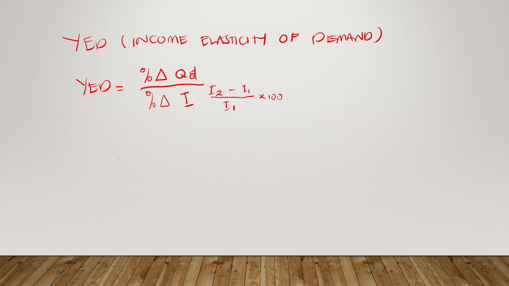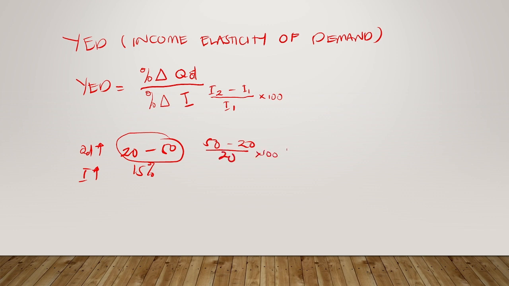For example, QD increased from 20 to 50 pesos, and the income also increased, around 15%. So for QD, you solve 50 minus 20 over 20 times 100.